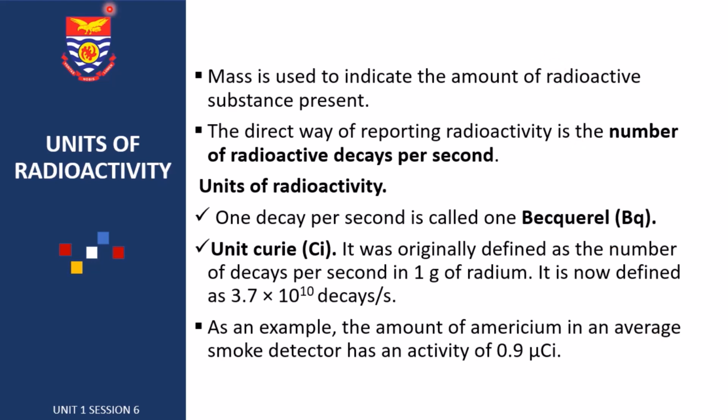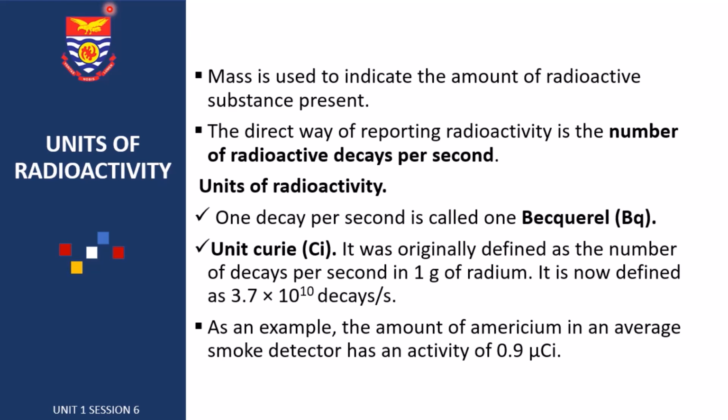Some units that are used to describe radioactivity give information about radioactive events occurring per unit time, or some also give information about the amount of radioactive substances that humans are exposed to.